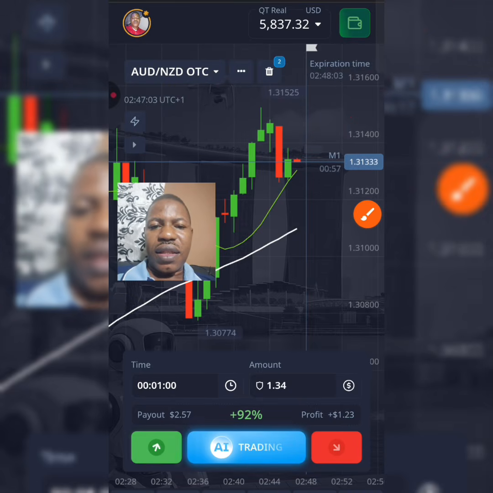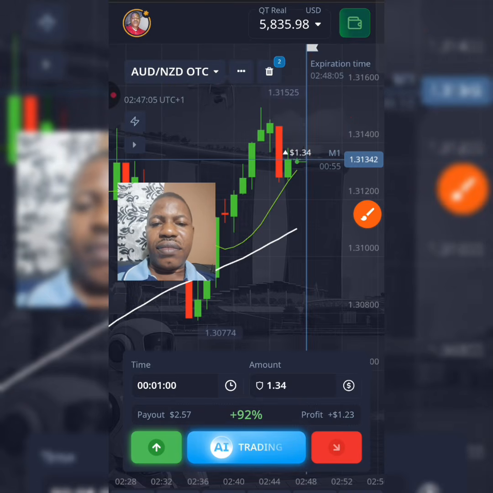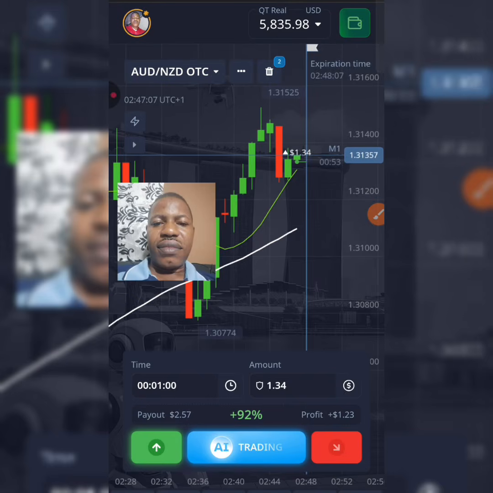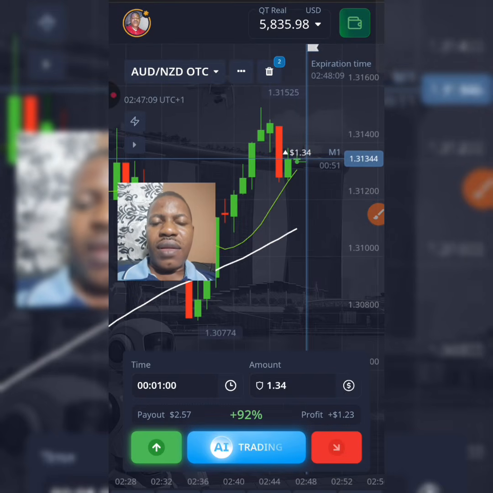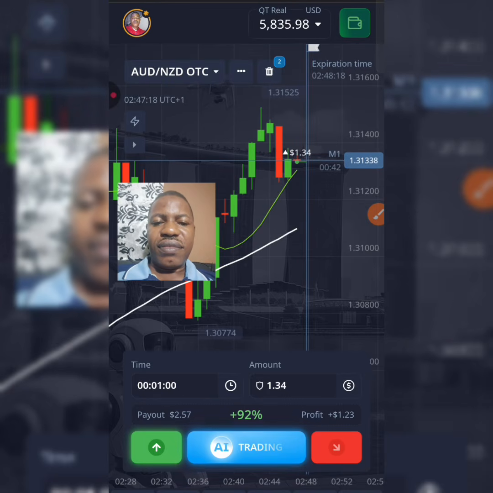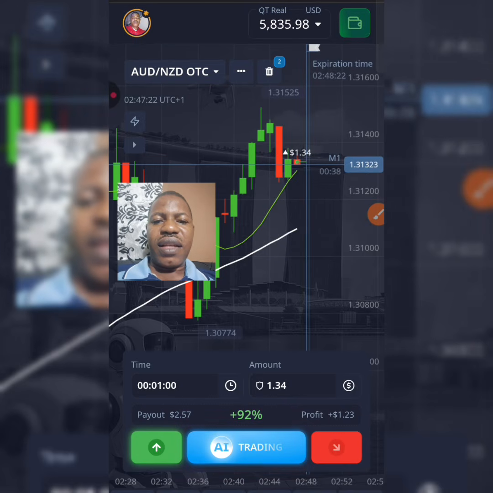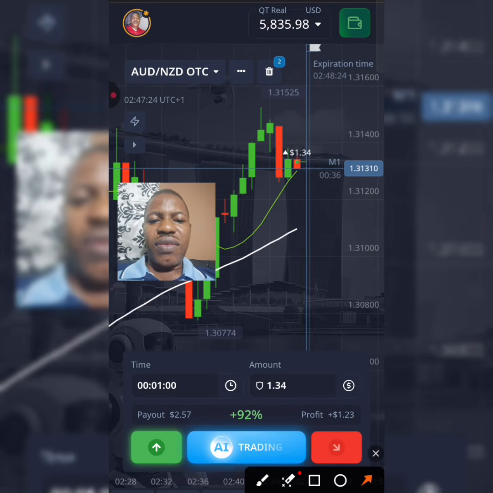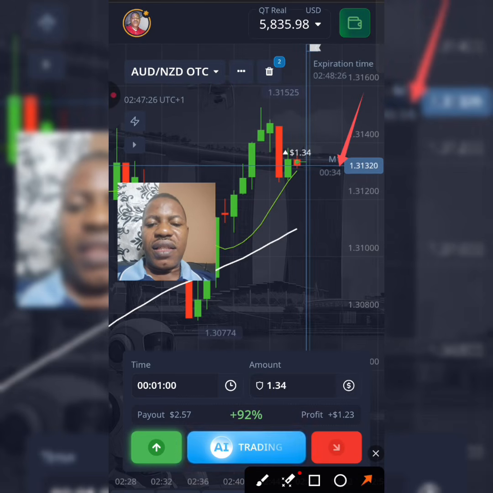Oh, I didn't take that. So I'm just demonstrating. Let's assume you have just a small capital. This is the first trade. Remember, the candle time frame is 1 minute and the trade expiration is also 1 minute.